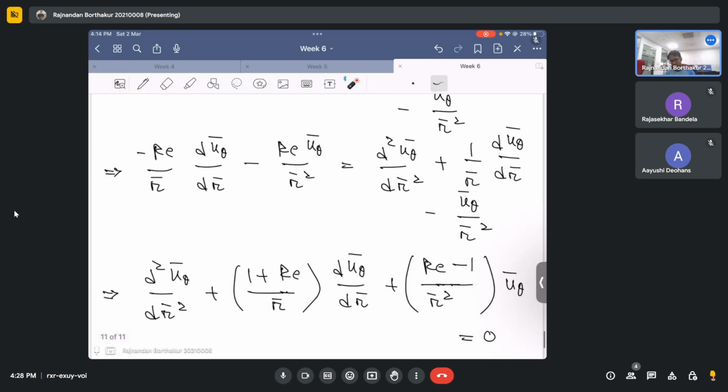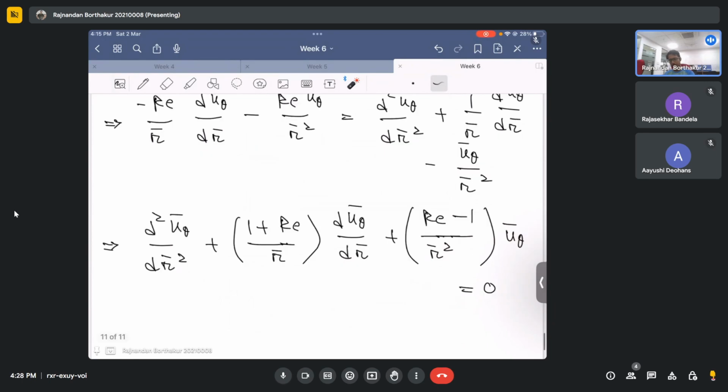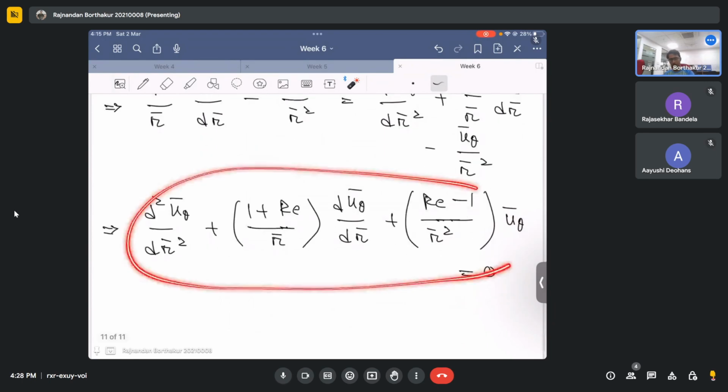Just check the math. I bring this term here and this term here, that's why this became plus, and there is an r bar common to these terms. I also bring this term over here, so this will become plus, and there is already a minus here, so this becomes Re minus 1 by r bar squared multiplied by u theta. Is this fine? I hope this is correct.